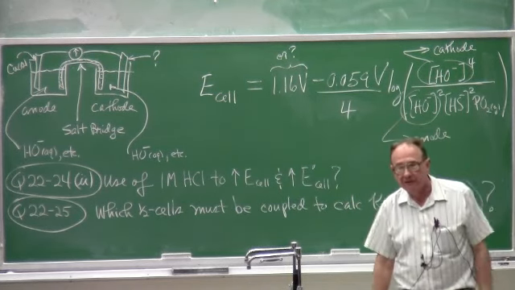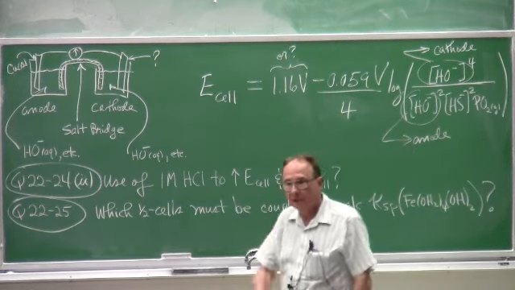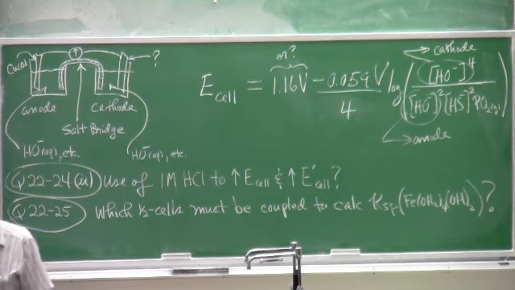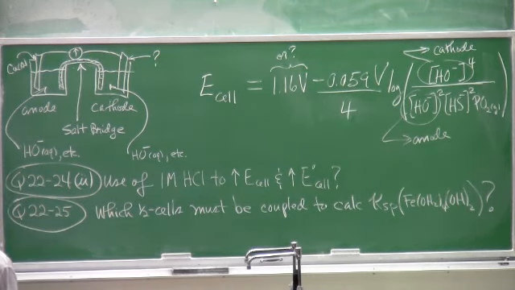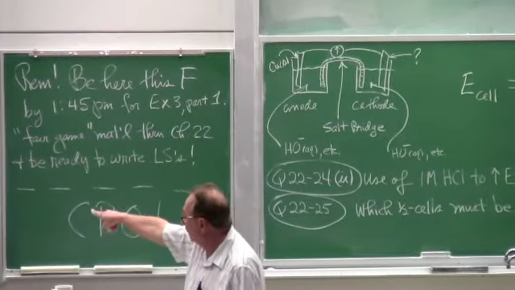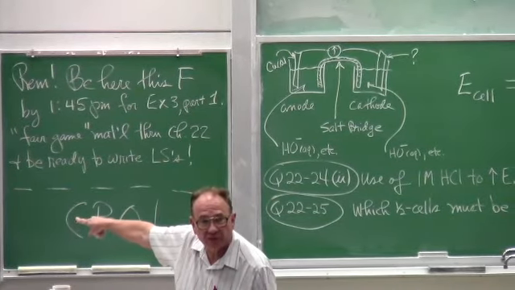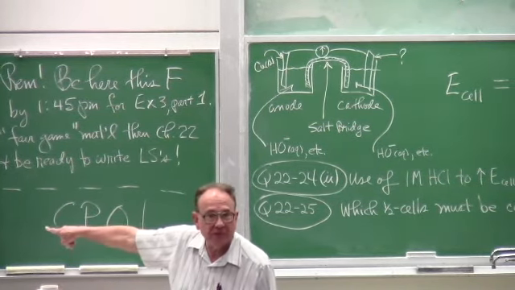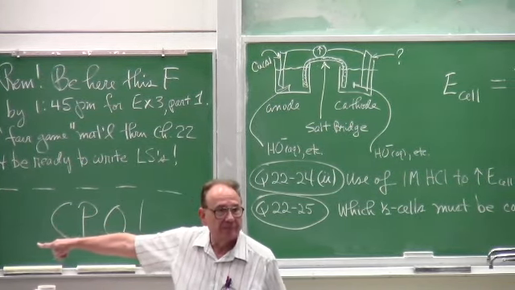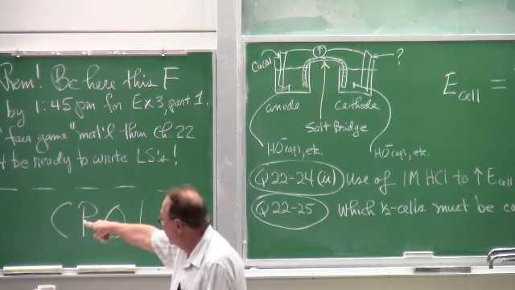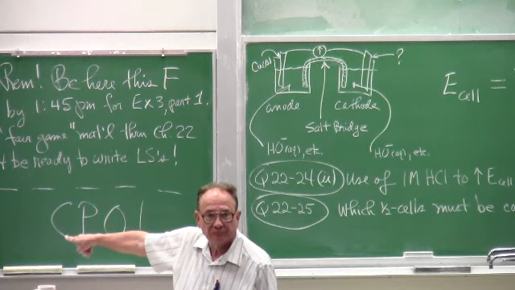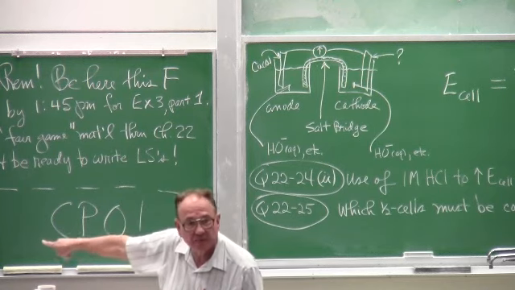Is this right? Do you all agree with this? You better. See the half cells? Number 19 corresponds to oxidation, so 19 shows the chemistry that's occurring in the anode. 39 corresponds to reduction of oxygen, so the chemistry shown by 39 is taking place in the cathode.